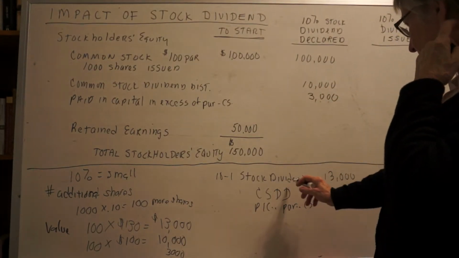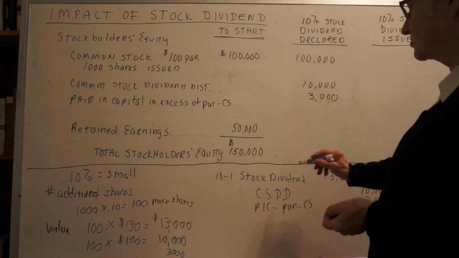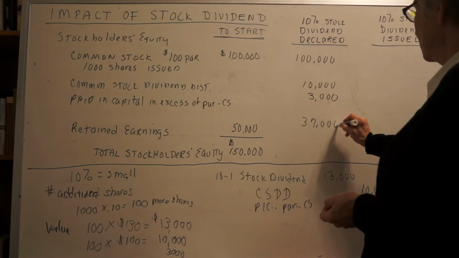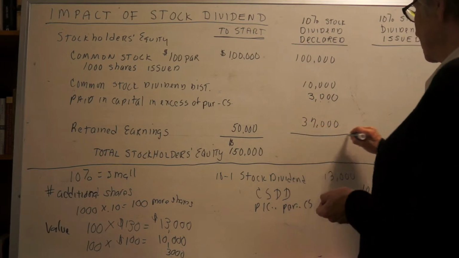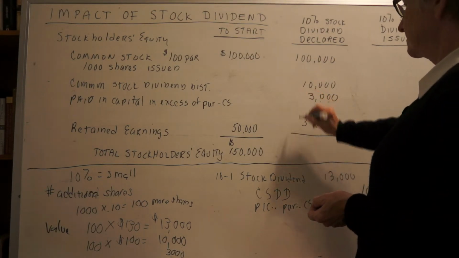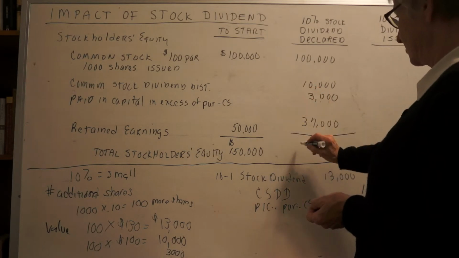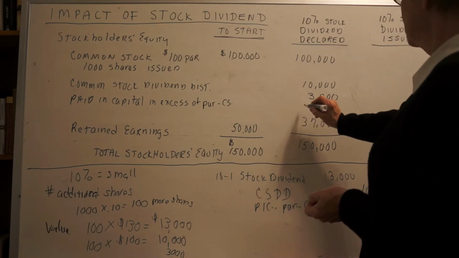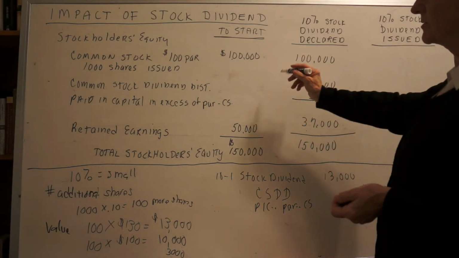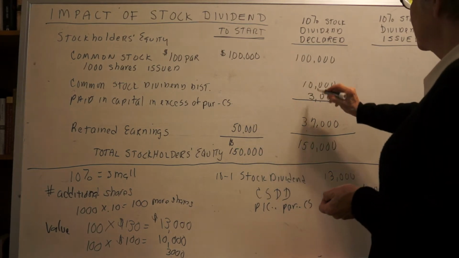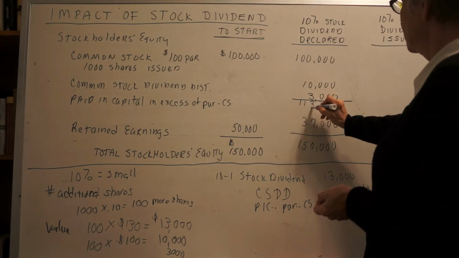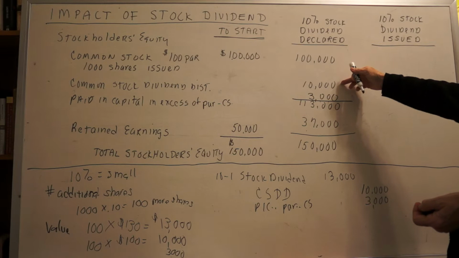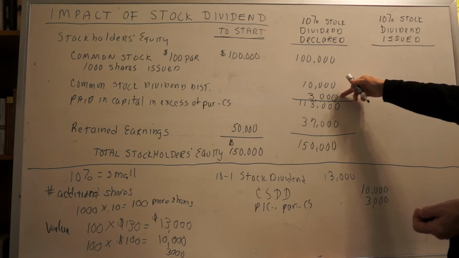And the stock dividend reduces retained earnings. So as a result of all this, our retained earnings is now 50,000 minus the 13,000, because that comes out of retained earnings. Look at our total. We still have 150,000 total, but we've got 37,000 of retained earnings, and our paid in capital, the invested part, has gone up to 113,000: the original 100,000 in stock, plus the stock we're going to distribute, plus the additional paid-in capital.